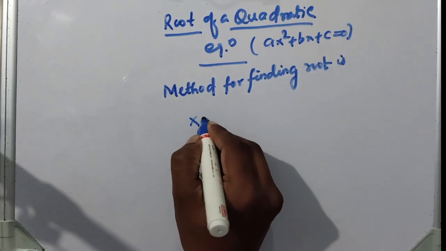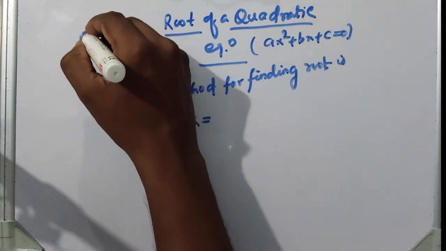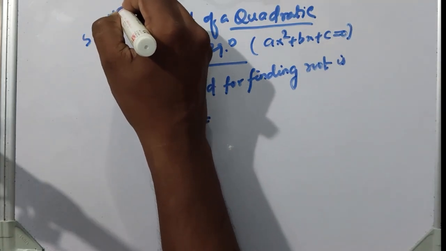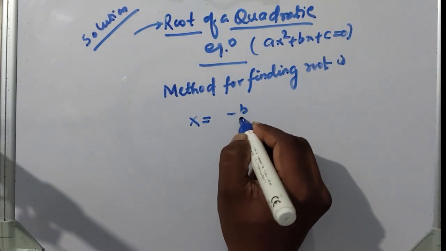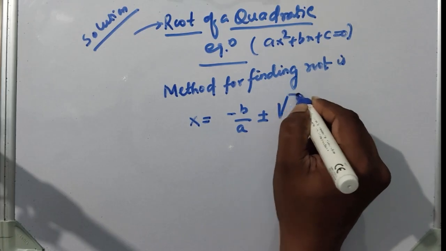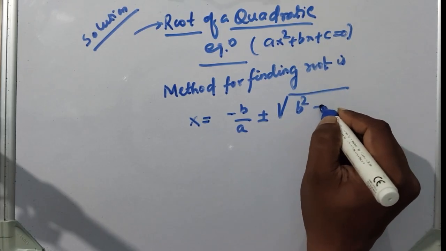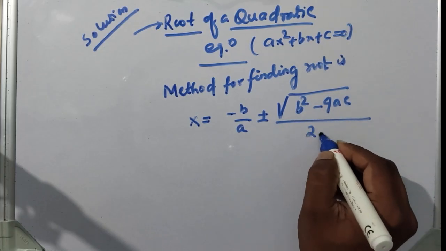Then x, if x is a root, means it is a solution of the quadratic equation. The solution or roots: x is equal to minus b plus minus root over of b square minus 4ac, by 2a.